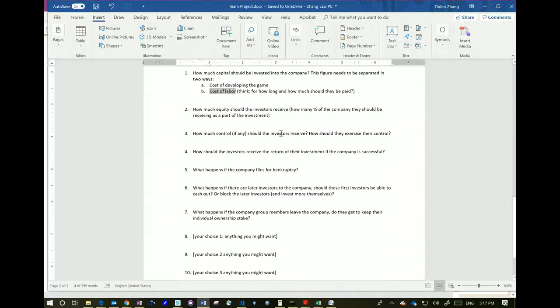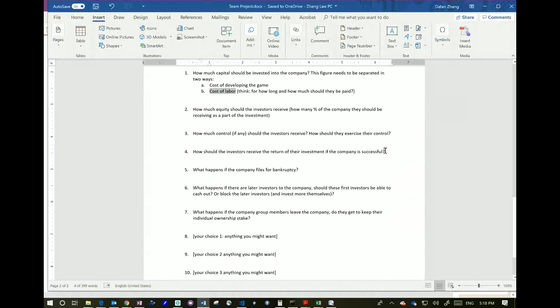Number 3, how much control, if any, should the investor receive? Recall we just talked about how 1 and 2 deal with value, and 3 deals with control. Remember, I mentioned that control is a very important consideration, so you should think it through and say how you can exercise control. And number 4, how should the investors receive the return of their investment if the company is successful?